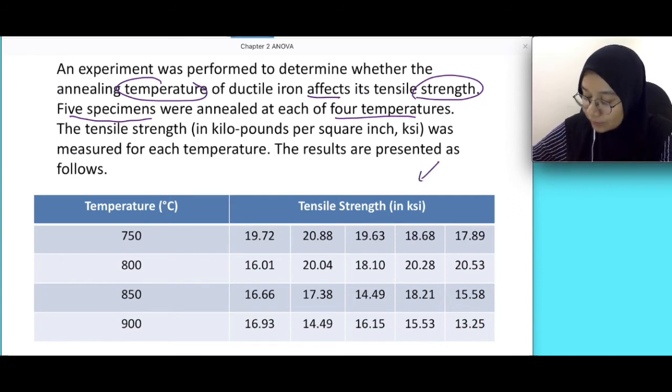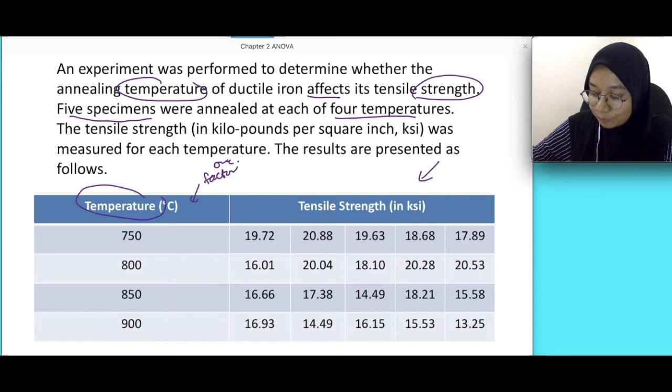Here we have temperature and tensile strength. We have different temperatures and their effect on the tensile strength. We want to know whether there is any effect on the tensile strength if we use different temperatures. We have temperatures 1, 2, 3, 4. The temperature here is your factor, one factor only.